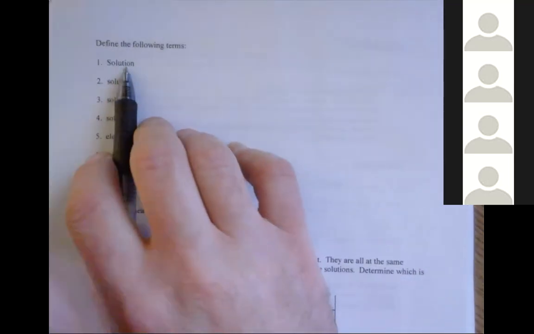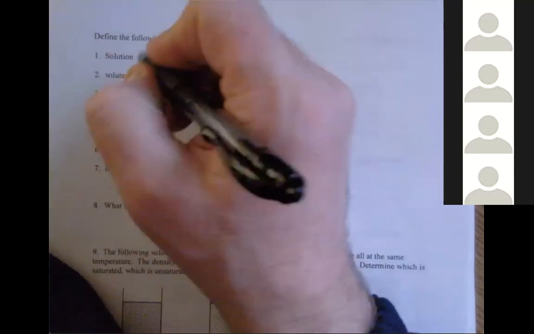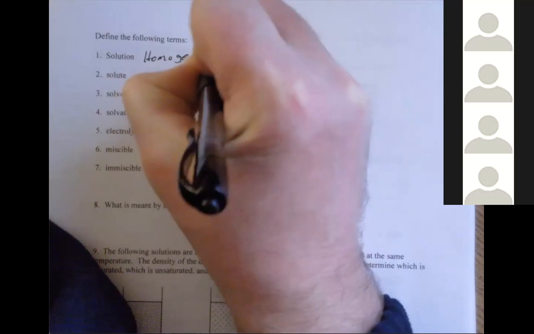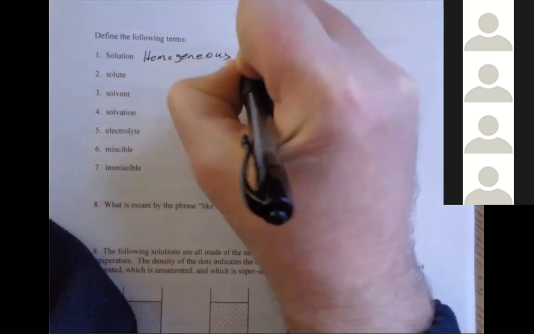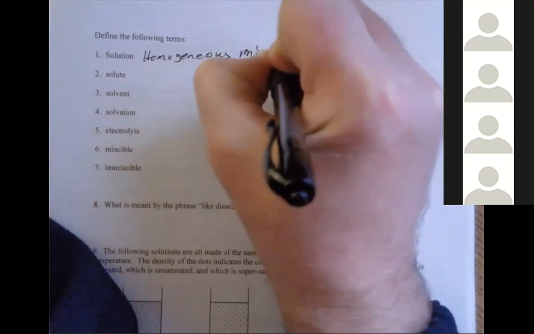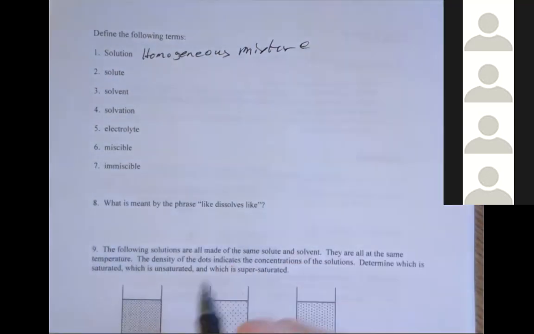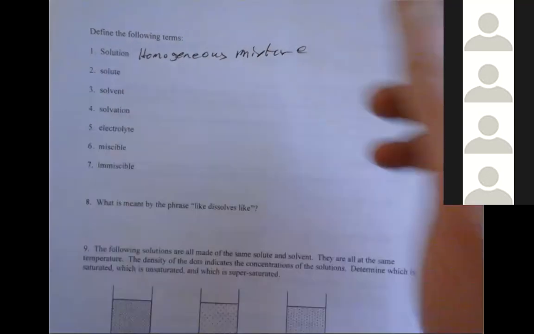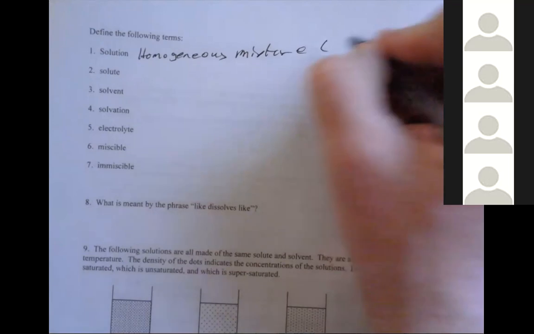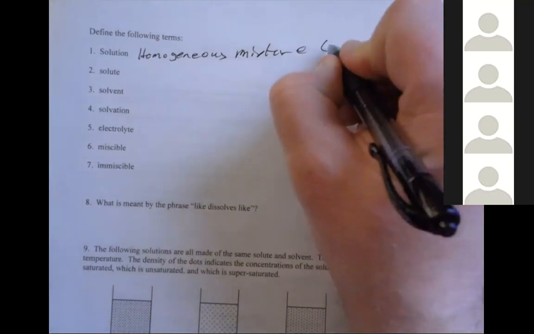So a solution, we learned that over the summer. A solution is a homogeneous mixture. A lot of times, what do you think? They contain a what and a what? A solute and a solvent.